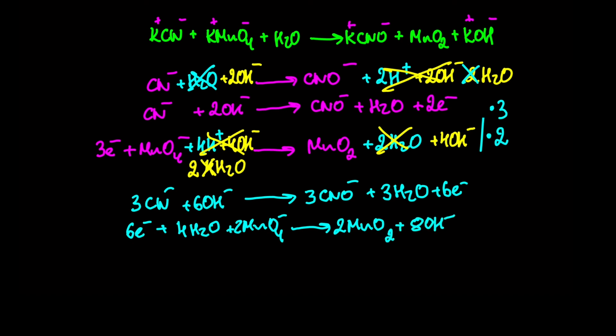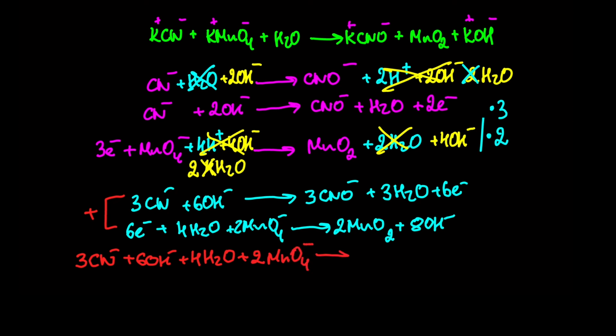We can sum up both reactions and we get 3CN- plus 6OH- plus 4H2O plus 2MnO4-, reaction arrow, 3CNO- plus 3H2O plus 2MnO2 plus 8OH-.